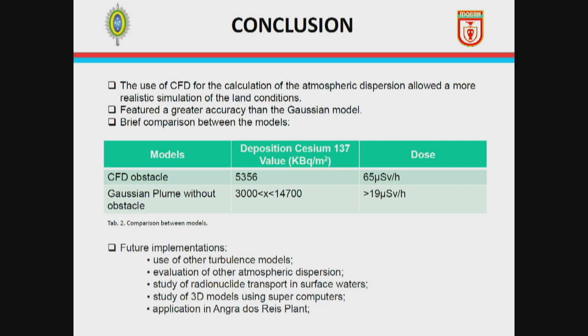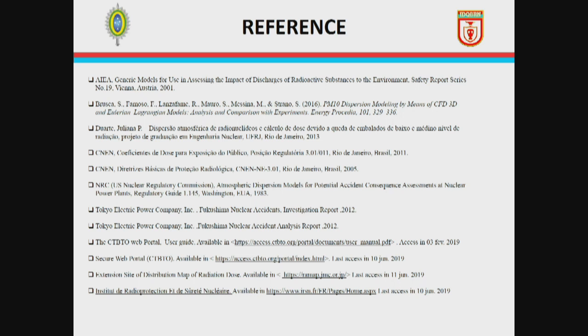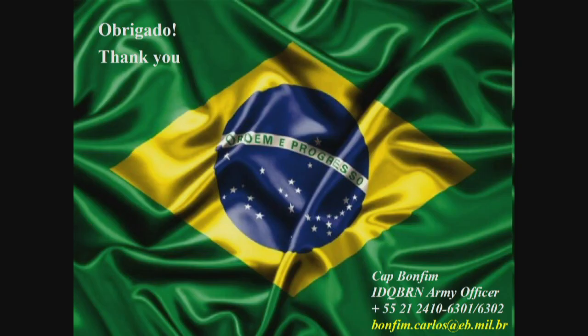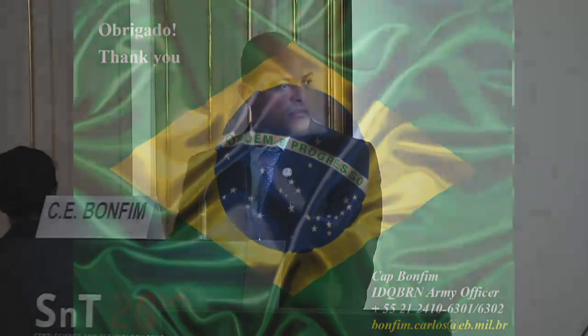Also, evaluation of the atmospheric dispersion, study of radionuclide transport in surface waters, and study of a 3D model using a supercomputer. In Brazil, we have the Santos Dumont computer, and application at the Angra dos Reis plant. Okay, this is the reference for this work, and thank you for your attention.